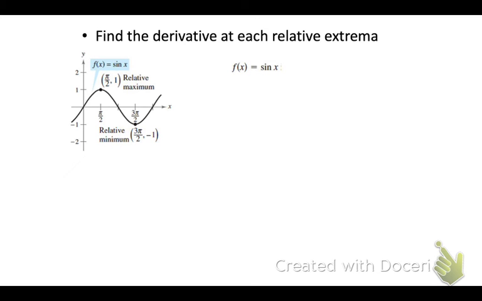Okay. So, derivative of sine is cosine. So we have f prime of pi over 2.